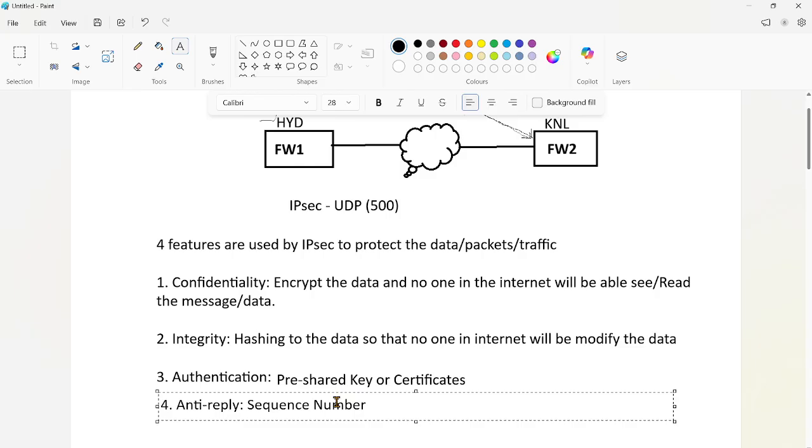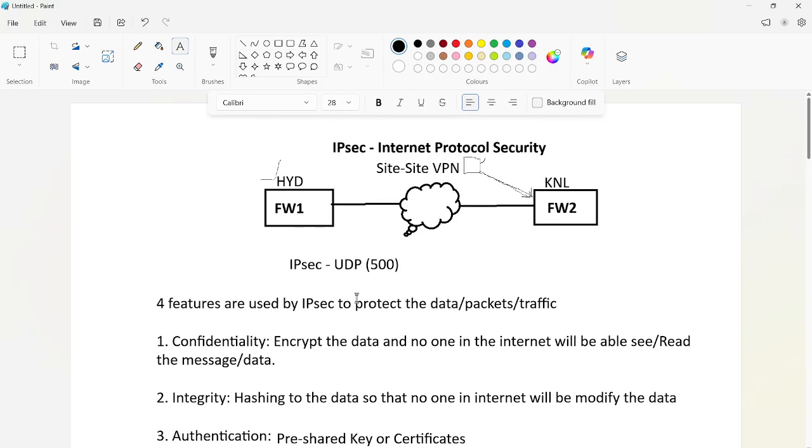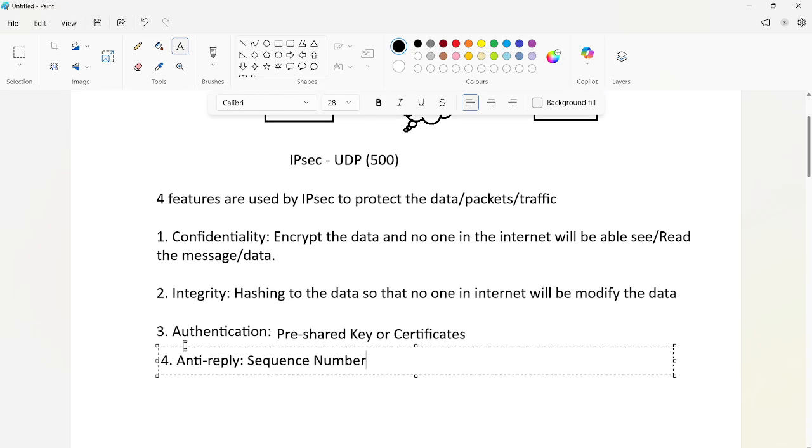Whenever you are sending information, even though you have encrypted it and authenticated with your branch office firewalls, there may be some attackers or hackers who are using advanced tools to crack your data, to get what exactly the contents of your message are. So they are trying to crack your data. In order to avoid that, or to know whether the data has been modified or not, we are using sequence numbers.